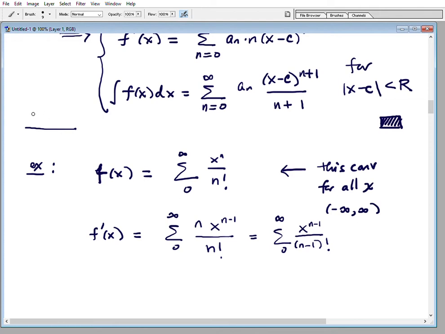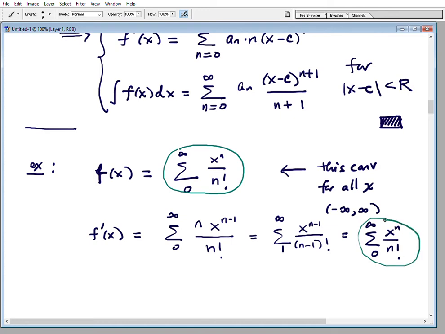And the first term drops out when we do the derivative, since the constant drops out. So this is n equal 1 to infinity of x to the n minus 1 over n minus 1 factorial, which is the same as this. So what we're showing is that if we look at this series and take the derivative, we get the same thing back.